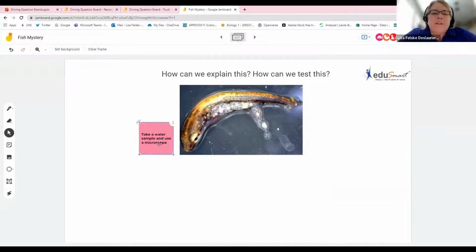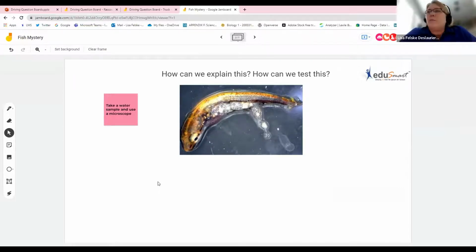So if we thought that this was glitter or something plastic, do we know what happens to something that's man-made, like glitter or plastic, when you put it in water? Okay, so a good question could be something like, does plastic dissolve when you put it in water?